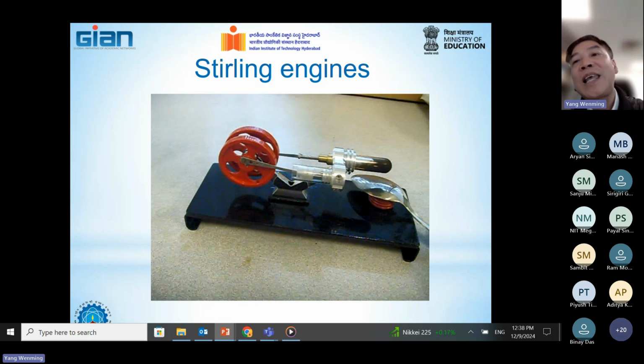You can see the heat exchanger area is quite limited. As a result, we know the power density will be very low.